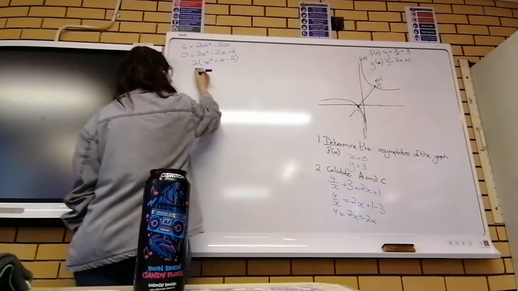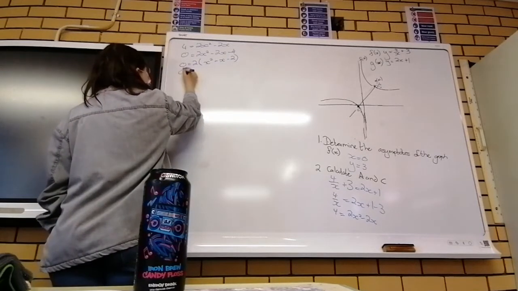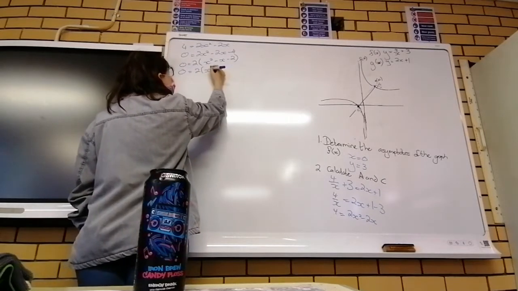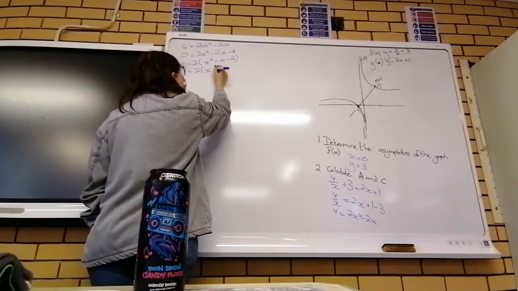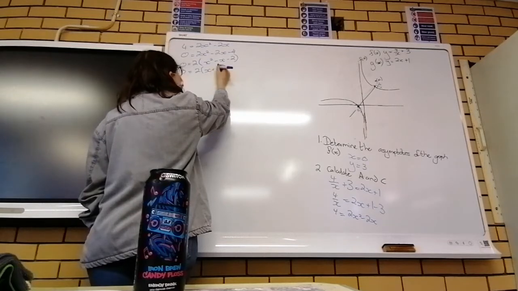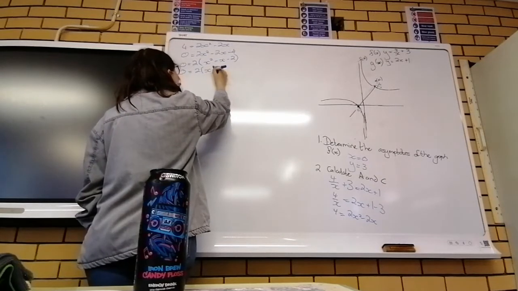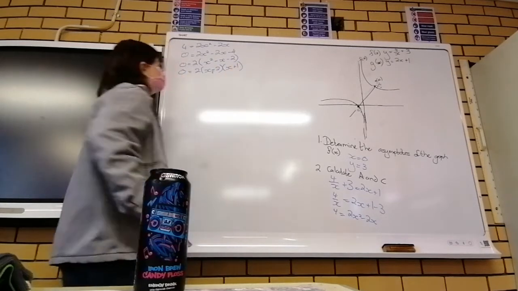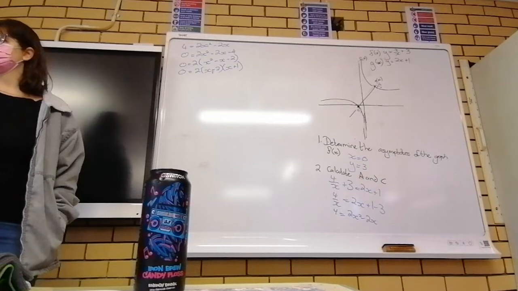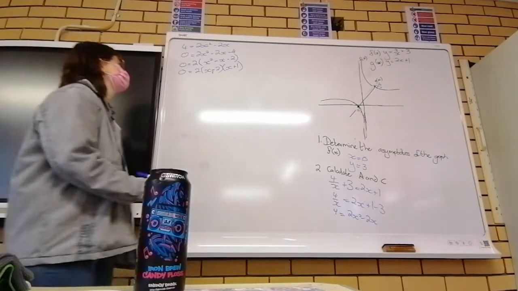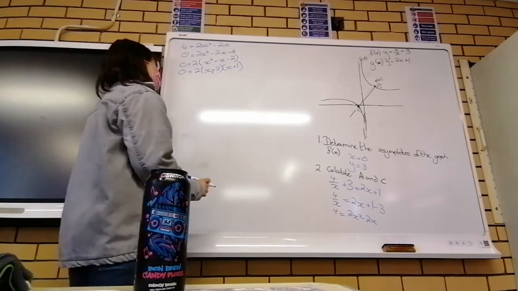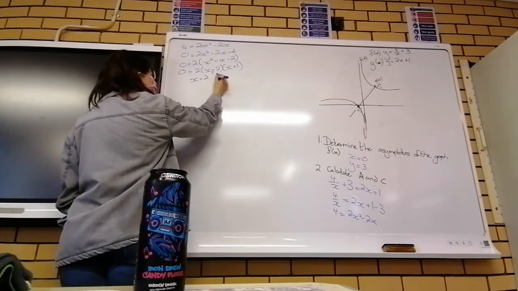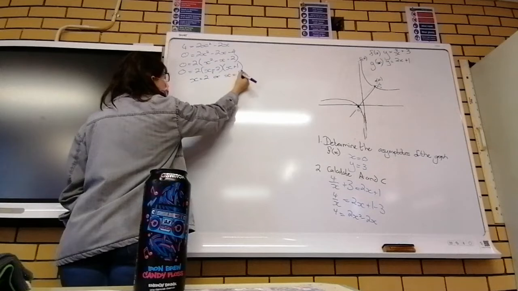So then my factorization goes: 0 is equal to 2 times (x minus 2)(x plus 1). Alright, you guys happy with how I got there? Alright, so now I've got x is equal to 2 or x is equal to minus 1.